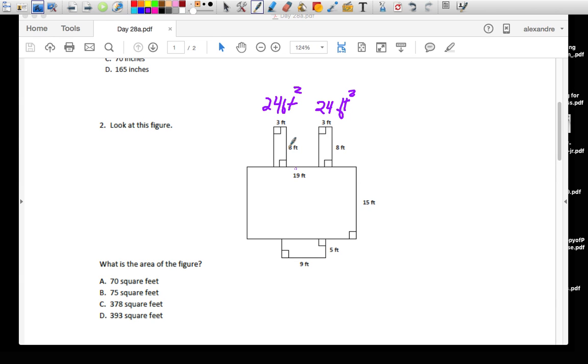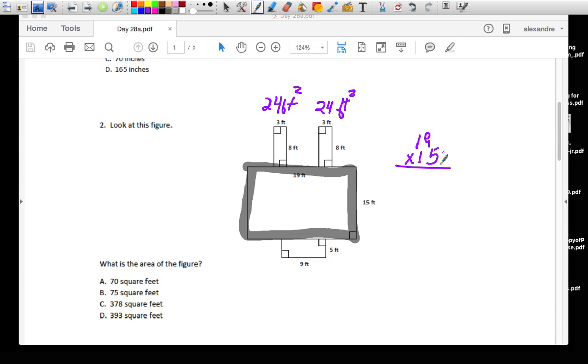For those two tiny rectangles. So the bigger one, this one right here, is a 19 by 15 rectangle. 19 times 15 is 285 feet squared.